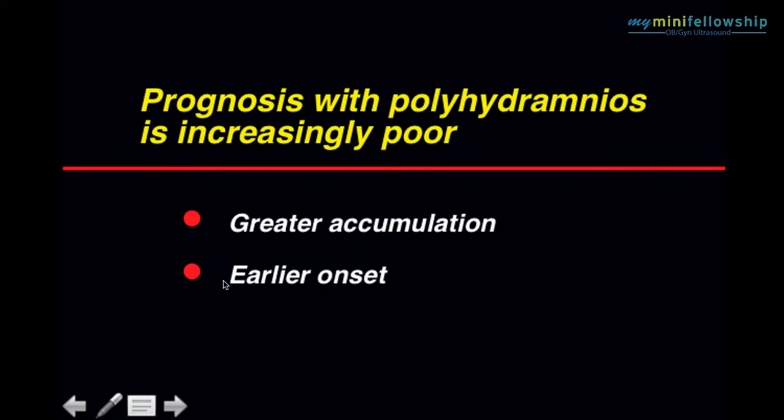If it starts early in pregnancy rather than late in pregnancy, it's probably going to have an increasingly poor prognosis. True. And that the faster it came on, the more likely it would have a poor prognosis. Also true. So these 3 factors, easily thought through using simple logic, tell you who is more likely to have a bad outcome.